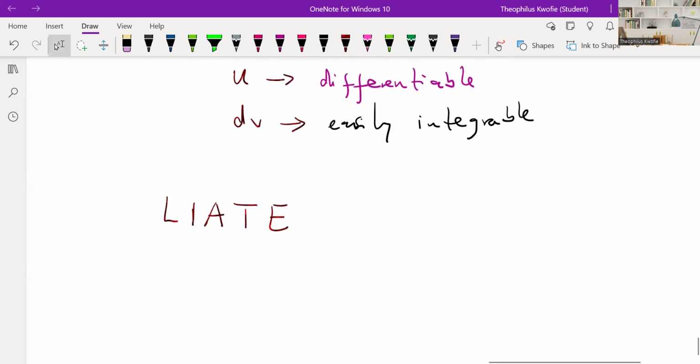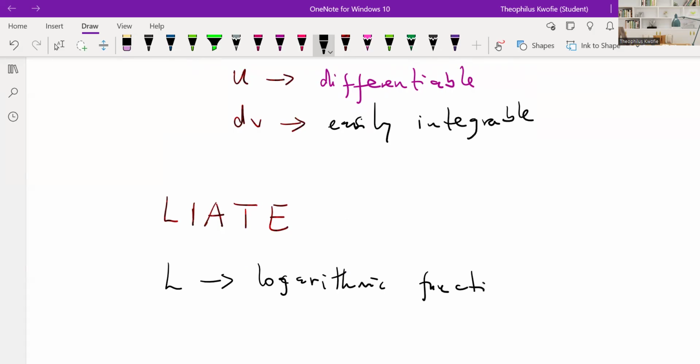So the L stands for logarithmic. Let me take my time to write it down. The L stands for logarithmic functions.